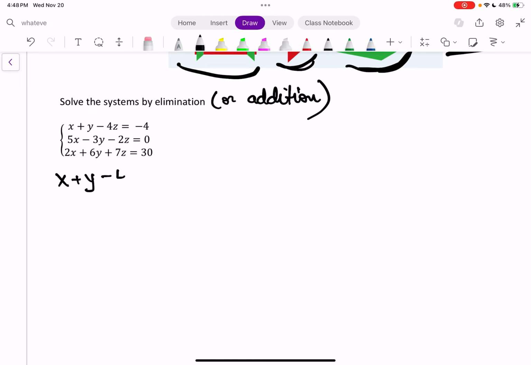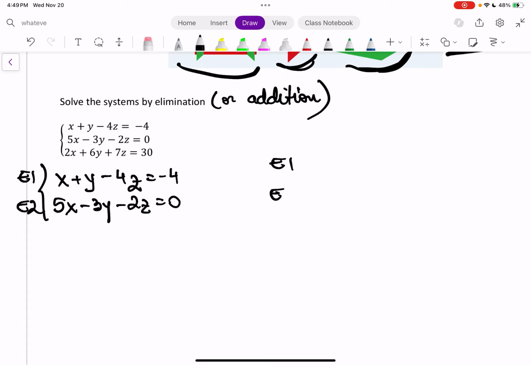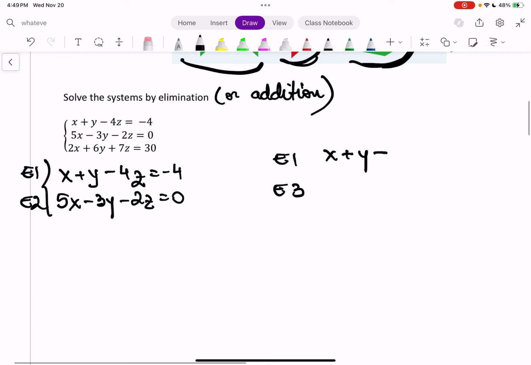I will copy down two pairs of equations. It doesn't matter which two. I'm grabbing equations 1 and 2 as you see. And then also I'm grabbing equations 1 and 3. Or you could have grabbed equations 2 and 3. So two different pairs.